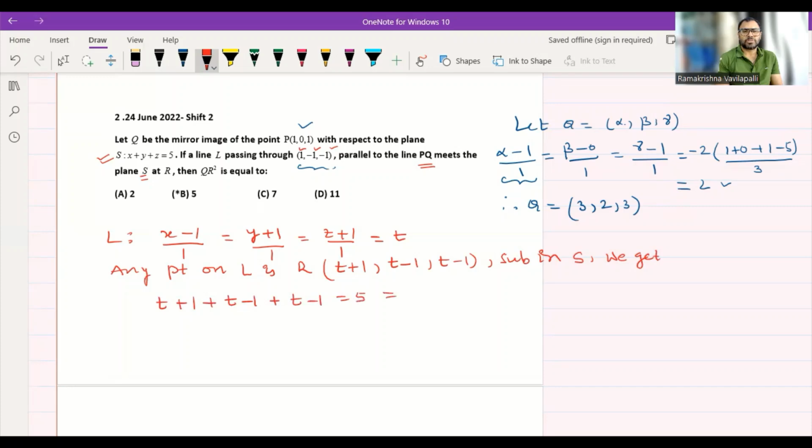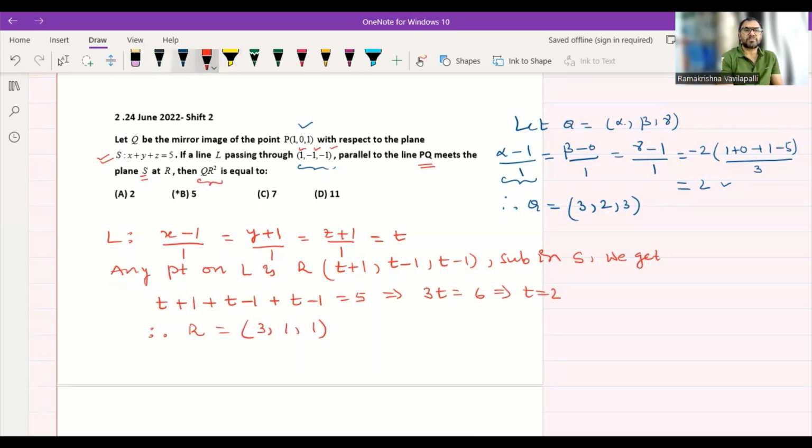So this implies 3t equal to 6, implies t equal to 2. So therefore the point R we got is (3, 1, 1).